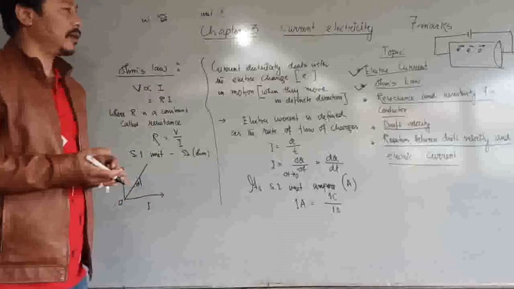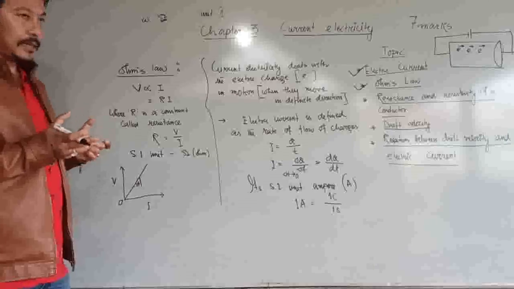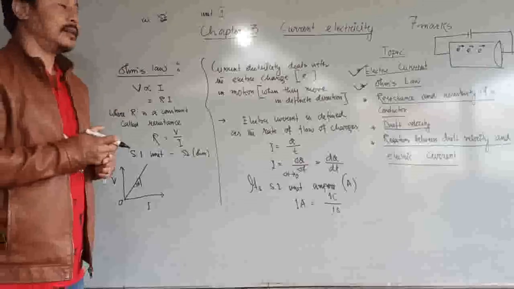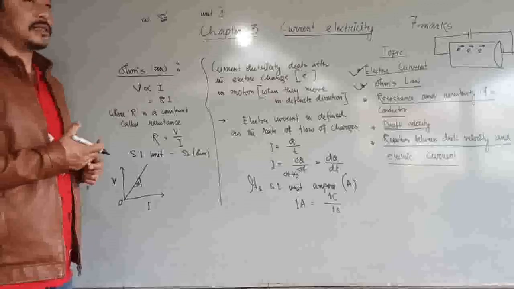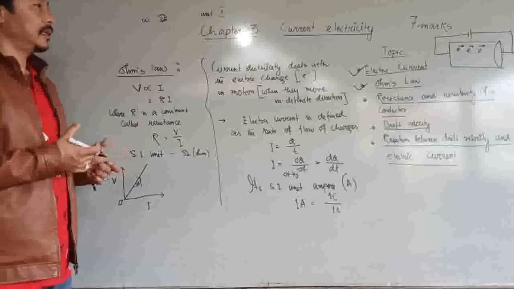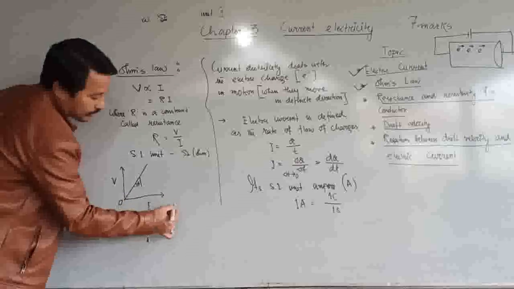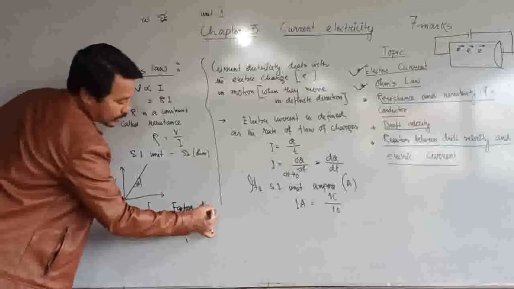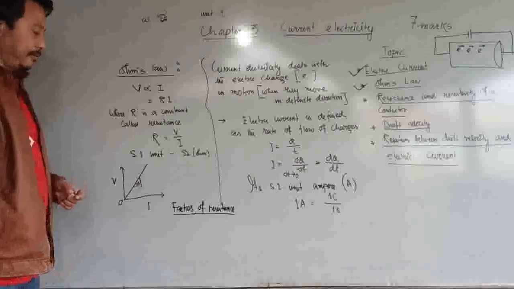The first is the material of the conductor, whether that is of iron or copper. The resistance of iron and the resistance of copper are different, and so are those of other materials.